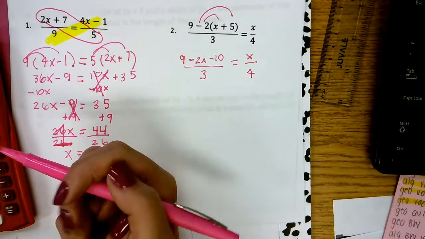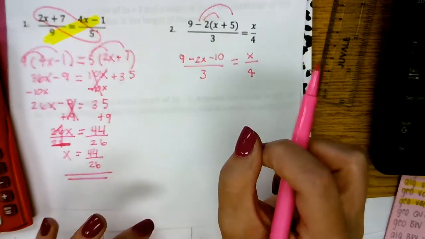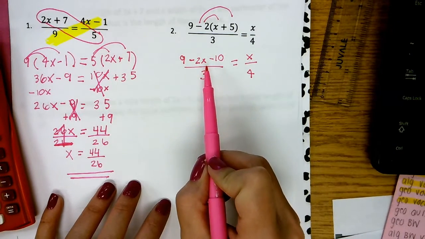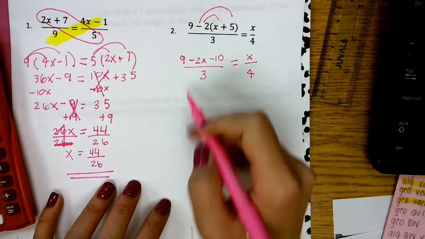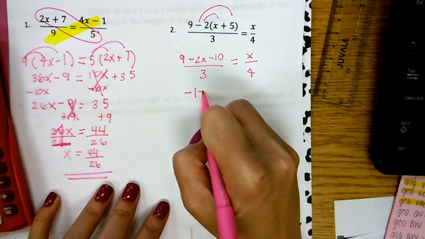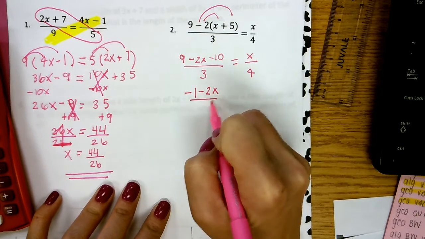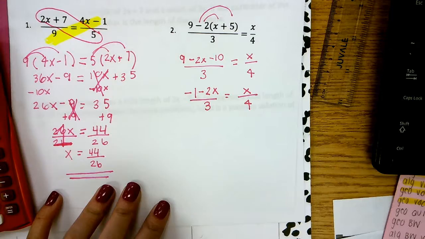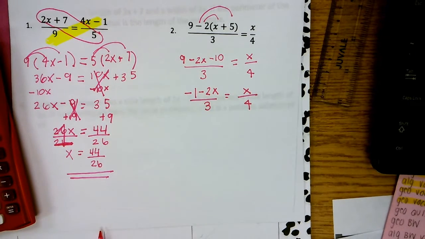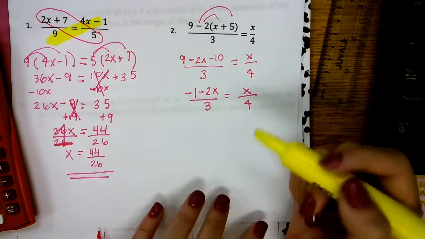Next, we're still not going to cross multiply yet. We're going to combine like terms on this fraction on the left. So 9 minus 10 gives us negative 1 minus 2x over 3 equals x over 4. Now that we've distributed and combined like terms, we're going to use cross multiplication.